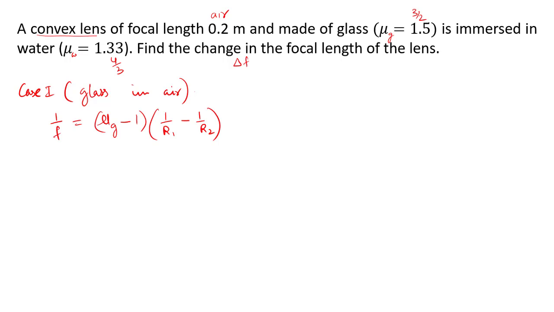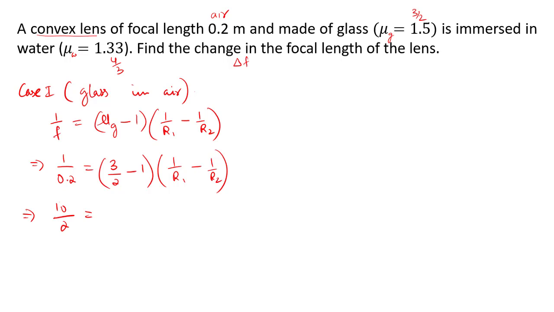Mu with respect to air is the same as absolute refractive index. Then F is given, that is 0.2. 1 by 0.2 equals mu of glass in air, which is 1.5, that is 3 by 2, minus 1 into 1 by R1 minus 1 by R2. Then 3 by 2 minus 1 is 1 by 2. Then 1 by 0.2 is 10 by 2.